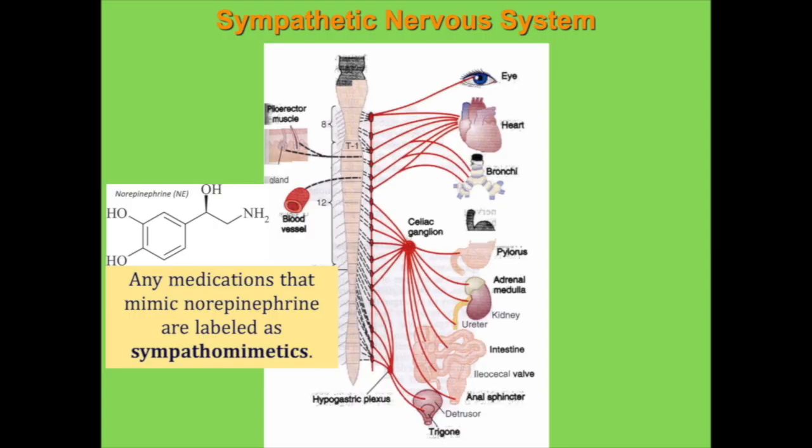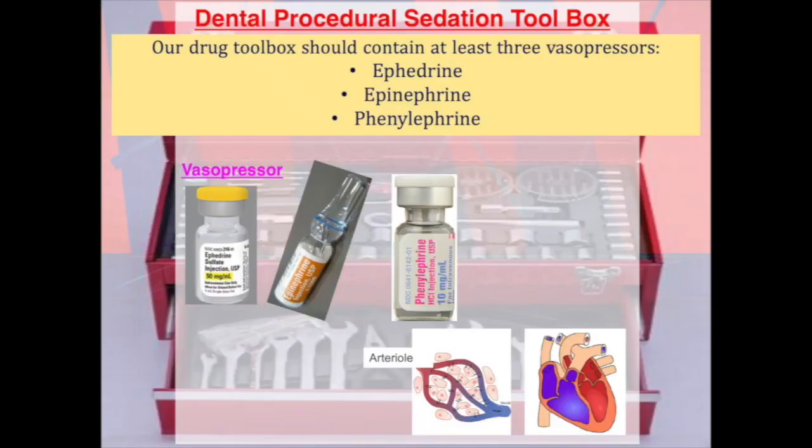So any of these drugs that we've talked about mimic norepinephrine. So they're called sympathomimetics. Even though they're not the same molecular structure, they mimic the effects of the norepinephrine. So these are some of our vasopressors. And again, ephedrine, epinephrine, phenylephrine.